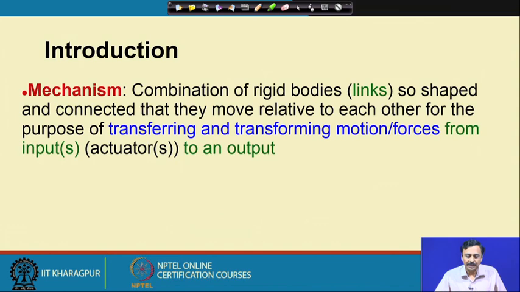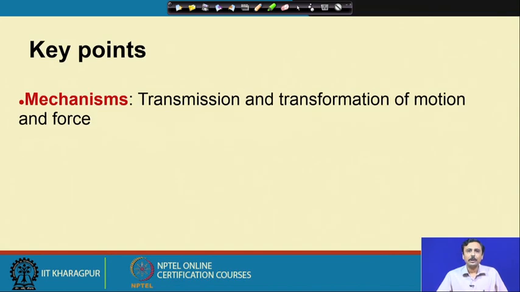Here there are some keywords which we are going to look at. First is mechanisms themselves. They are used for transmission and transformation of motion and force. For example, you can transform rotary motion to translatory motion, or rotary motion to rotary motion with different velocities maybe, or accelerations, or maybe translatory motion to rotary motion.